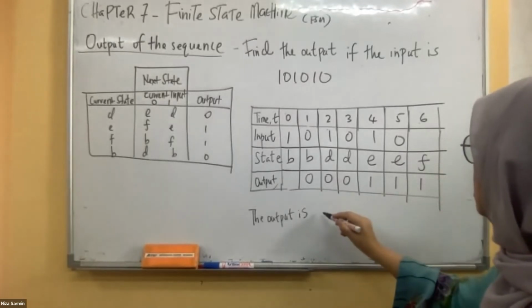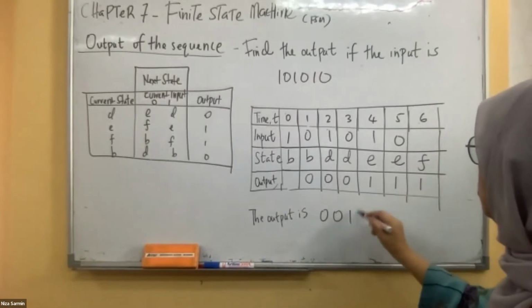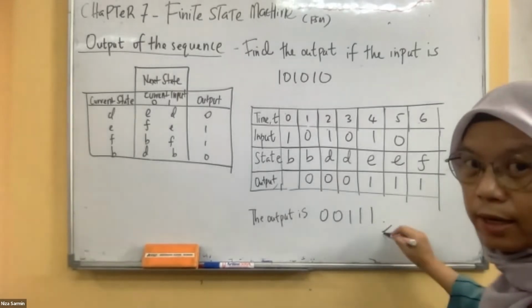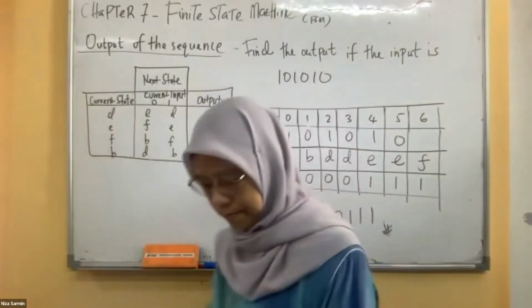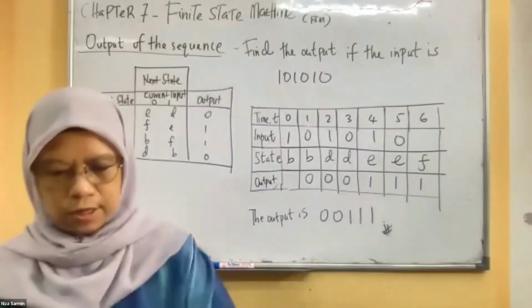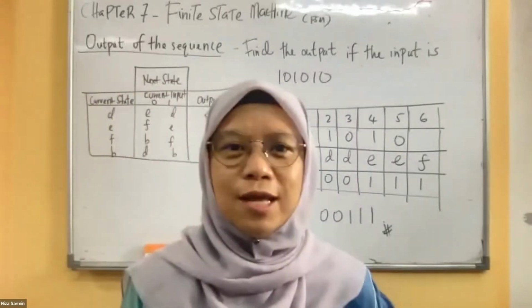So the output is 0, 0, 1, 1, 1. All right, okay. Okay tak?